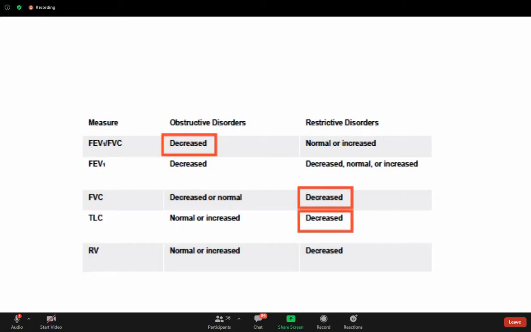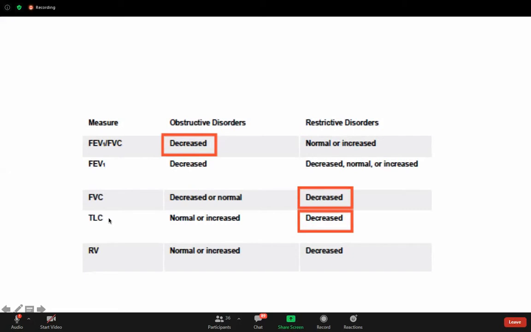So if the top is reduced, the ratio will be reduced. FEV1 will show a decrease. The forced vital capacity can be decreased or normal, but the decrease wouldn't be significant, because if it were significant, we'd see the ratio being normal, which doesn't happen with obstructive lung disease.